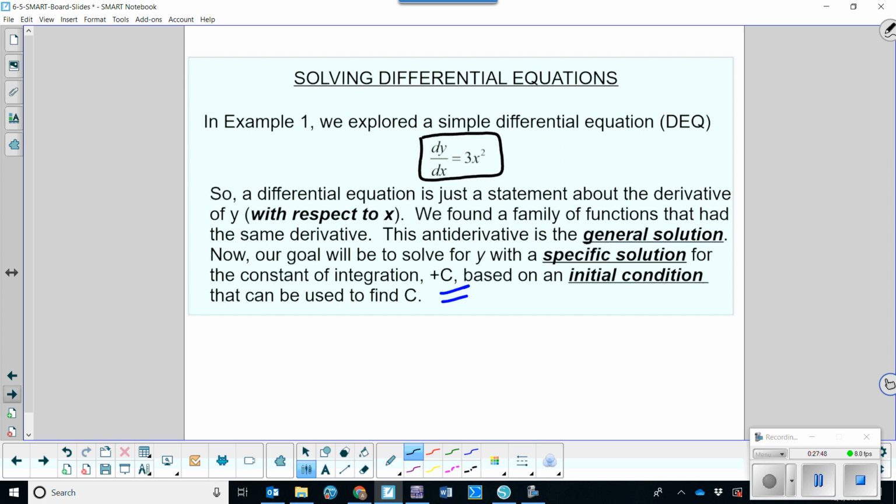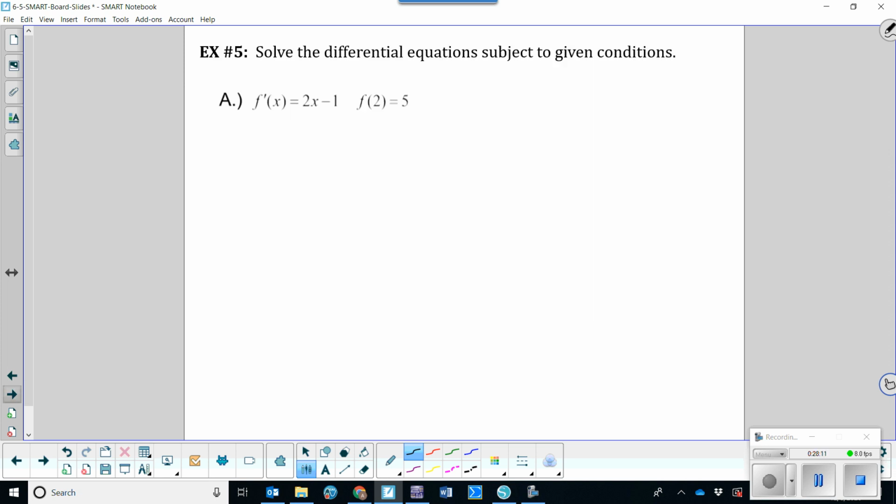A differential equation simply means there's a derivative in the formula, and I'm trying to get rid of the derivative and go back up to the regular function, okay? So for now, we're only going to learn how to do them in a really simple way, but we're never going to do any other method than what is called separation of variables. So I'm going to do it that way so that it's easier for you to figure out.